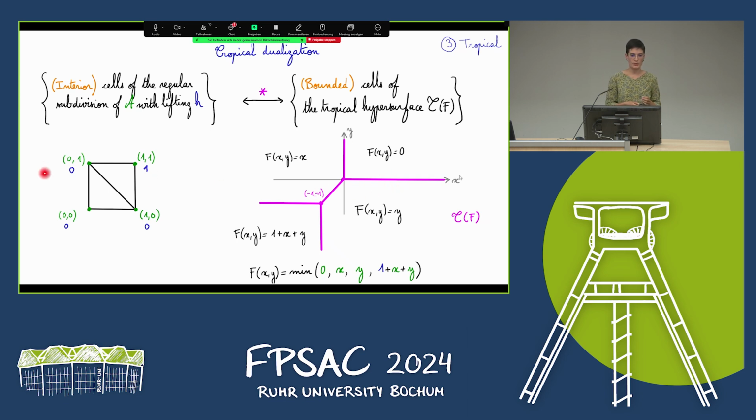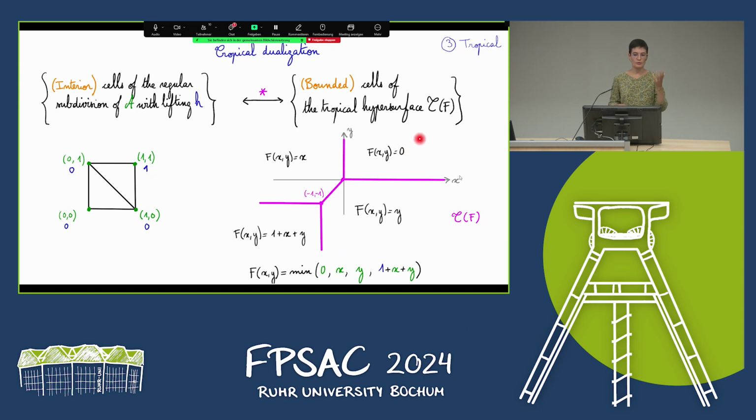So, for example, with the 4 vertices of this square and the lifting function 0, 0, 0, 1, we would have this tropical polynomial and this pink tropical hypersurface. And we can see that the vertices are in bijection with the 2-dimensional cells and the 1-dimensional edges with the 1-dimensional cells, and so on.